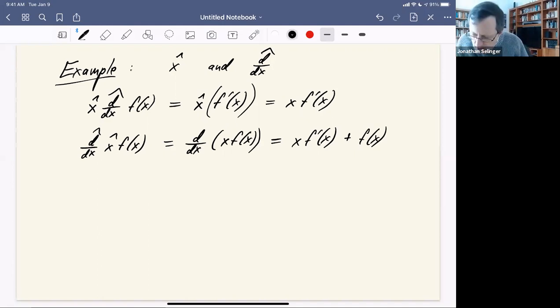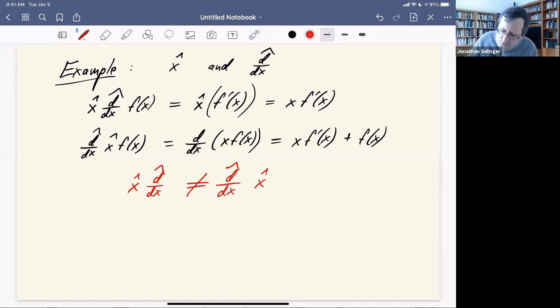Okay, so now we look at this and say, these things are not the same. Okay, so this is an example that shows us that x d by dx is not equal to d by dx x. Okay. So these two operators do not have a commutative law. Okay.